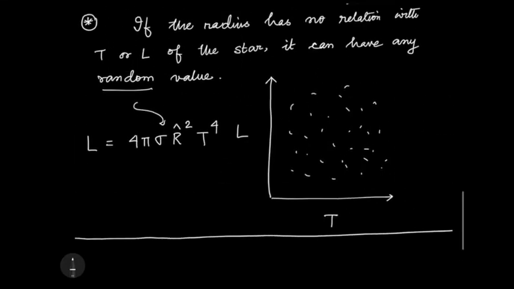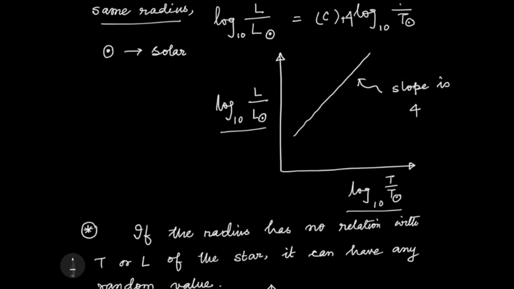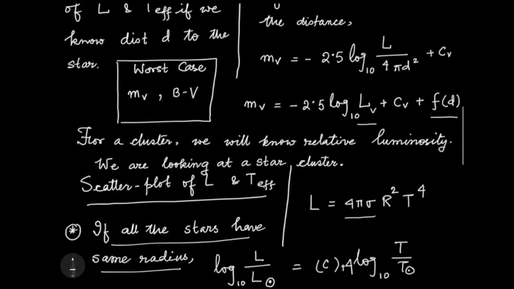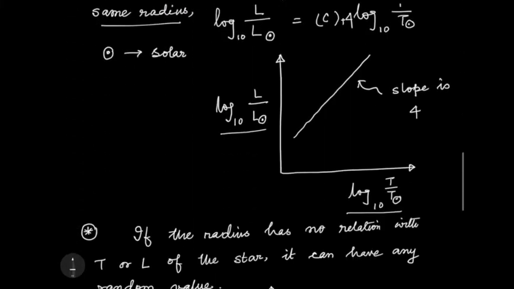Now let us look at what happened when people first tried to plot these two. Sometimes I'm plotting L versus T, or log10 of L by L sun versus log10 of T by T sun. I can also plot sometimes MV versus B minus V if I'm looking at the same cluster. These are called color magnitude diagrams, but they give you almost the same information.